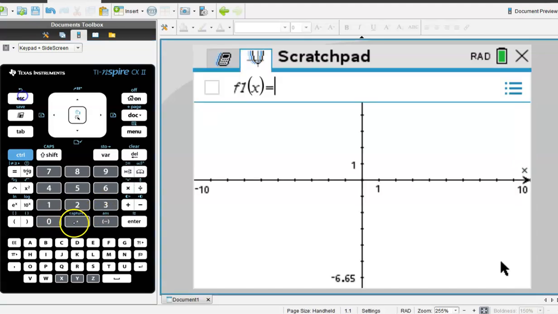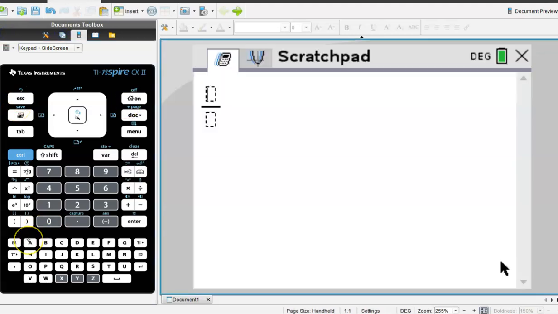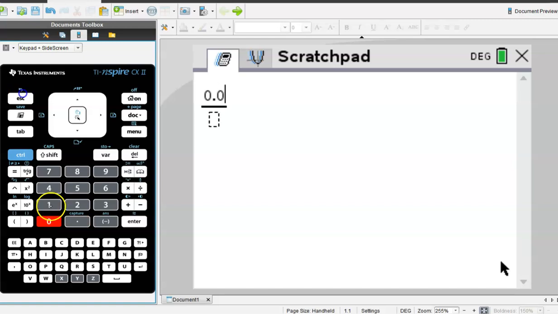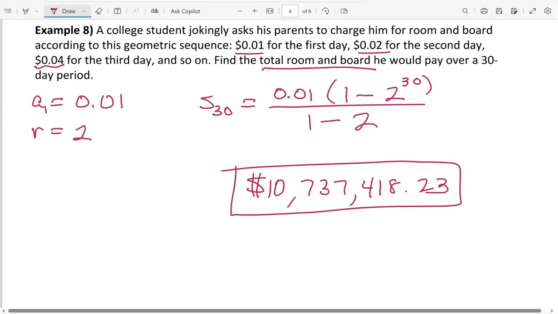So that's going to be 0.01 times (1 minus 2 raised to the 30th power) divided by (1 minus 2), and that gives us $10,737,500.23. So even though it may sound like cheap rent for the first several days, this gets expensive really fast.